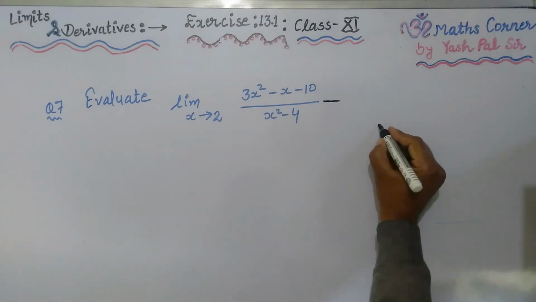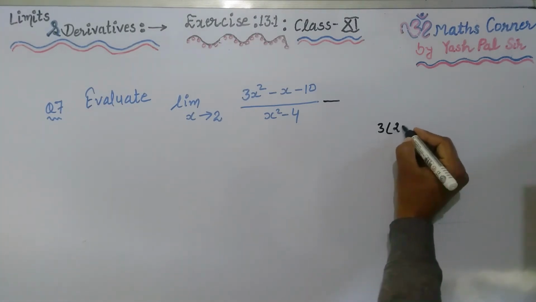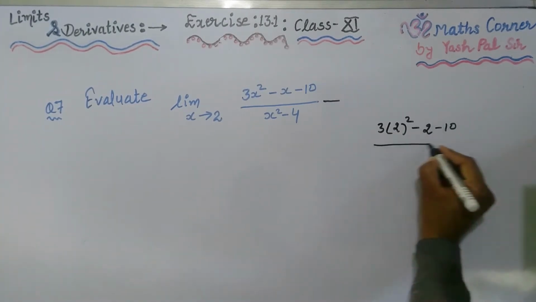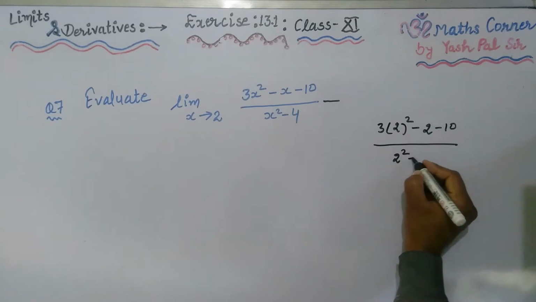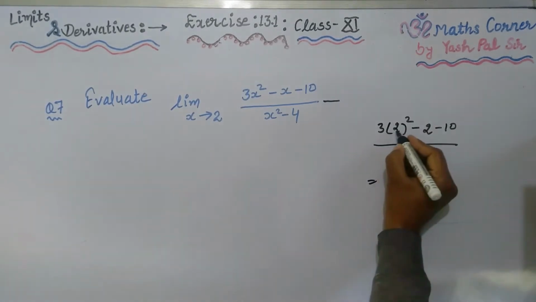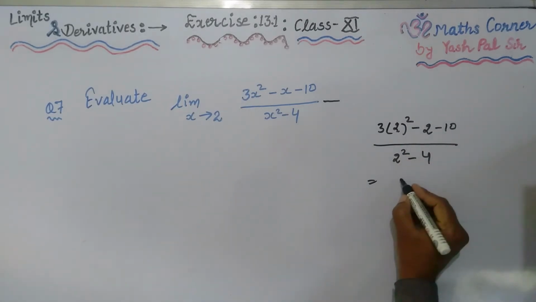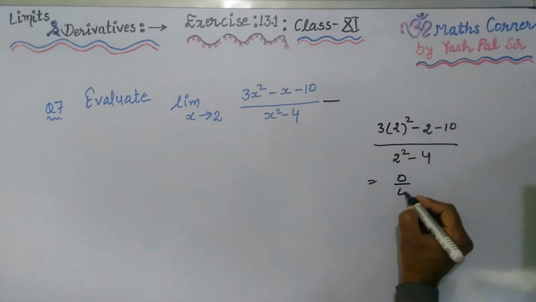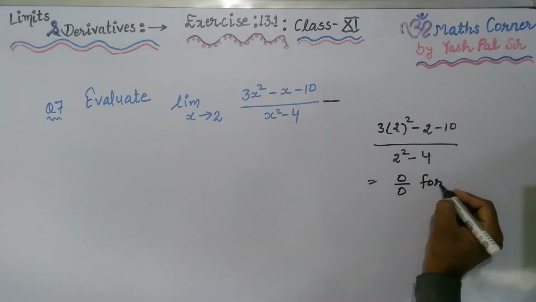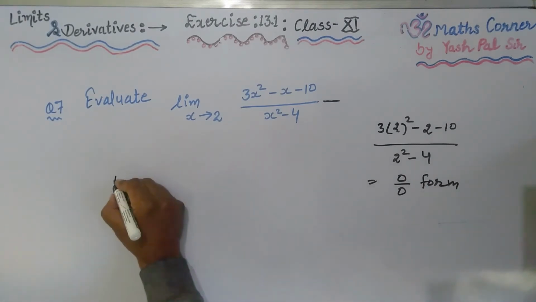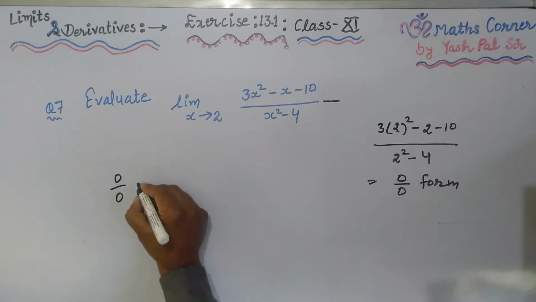Then this is equal to (3 into 2 square minus 2 minus 10) divided by (2 whole square minus 4), which is 2 twos are 4, 4 into 3 is 12, 12 minus 12 is 0, so 0 divided by 0 form.